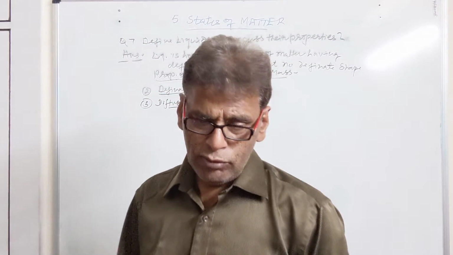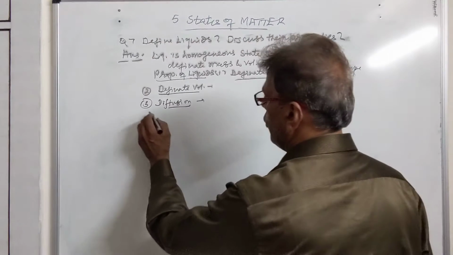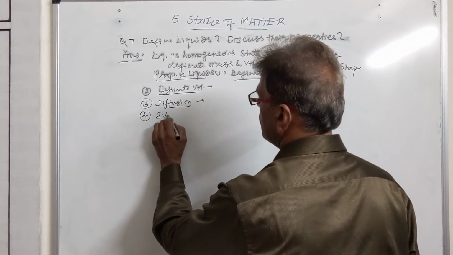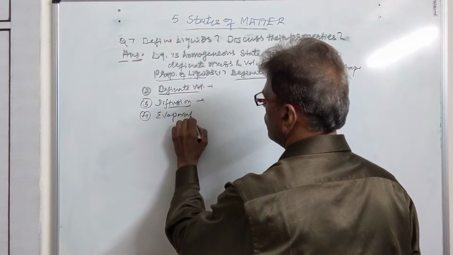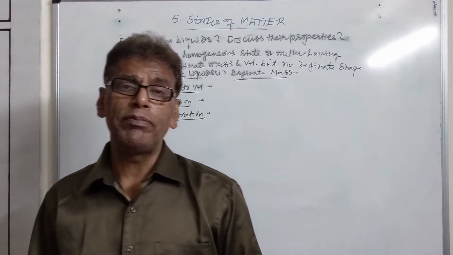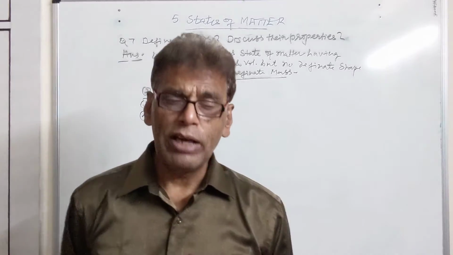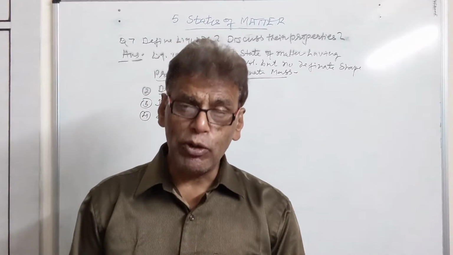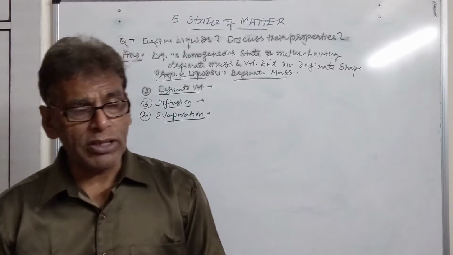Then we have the fourth property, that is evaporation of the liquids. It is defined as the phenomenon of formation of vapors of the liquid below its boiling point. The vapors, in case of evaporation, are formed from the surface.